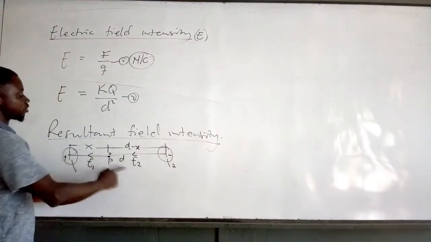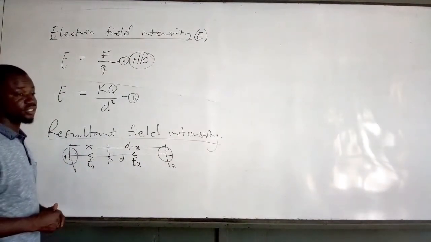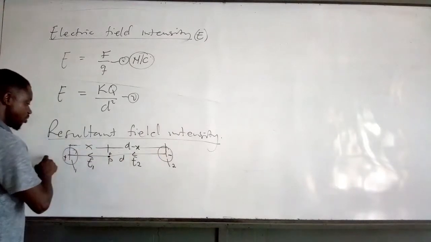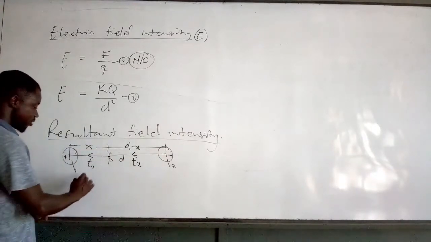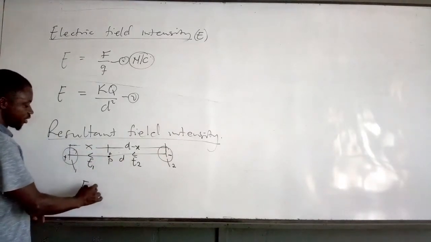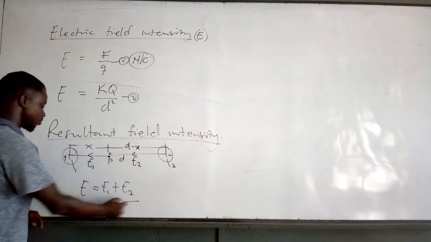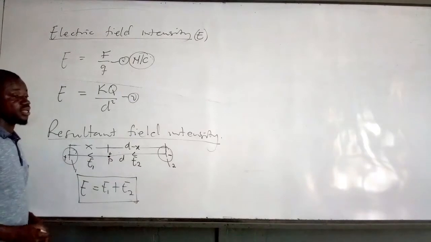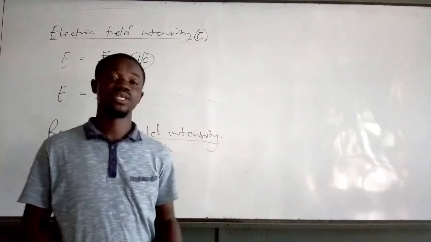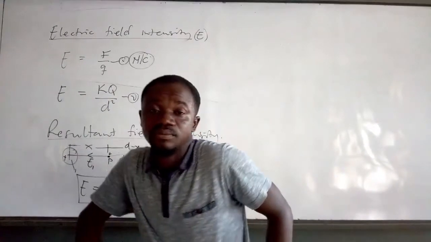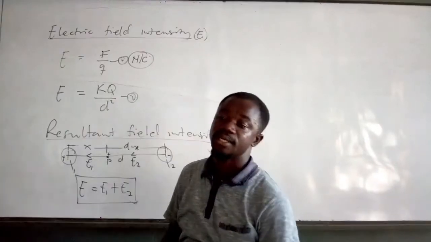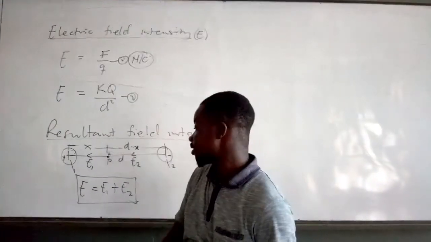Since the two fields are in the same direction, we add them. So the resultant field intensity E is equal to E1 plus E2. That is how we find the resultant field intensity on a charge.